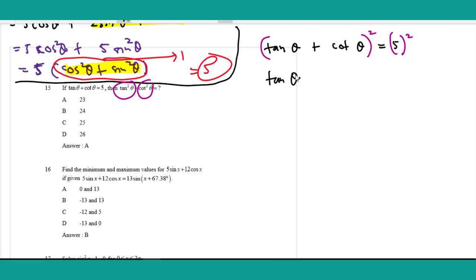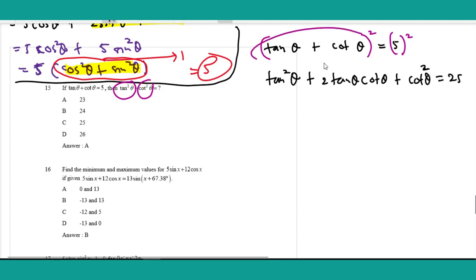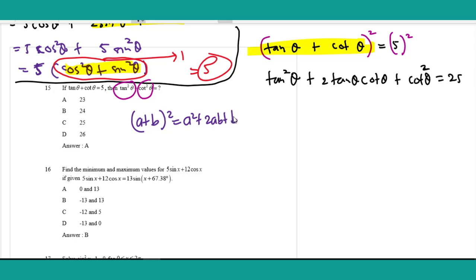Expand: tangent theta squared plus 2 tangent theta cot theta plus cot theta squared is equal to 25. This one uses the concept (A plus B) squared is equal to A squared plus 2AB plus B squared.